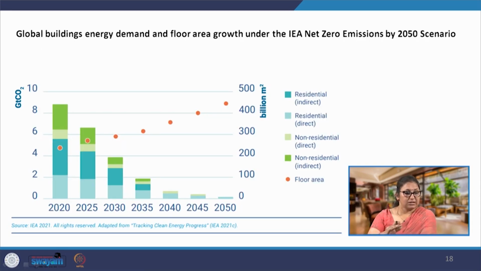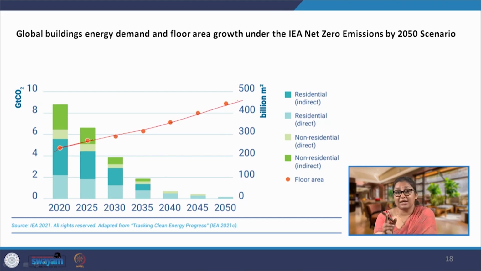Now, if we look at the global buildings energy demand and the floor area growth, this is a projected growth for 2050. What we are actually aiming at is that while the floor area continues to increase gradually, which is how it is doing, we are closing in on 2025, and this was a projection of course. So, we are seeing not a very steep slope, but a gradually increasing slope of floor area.